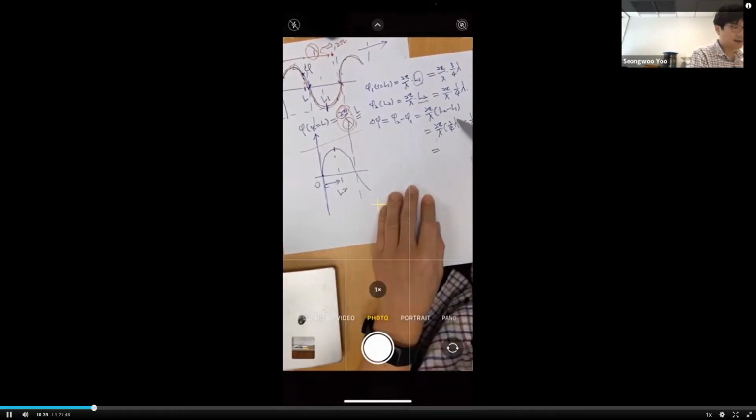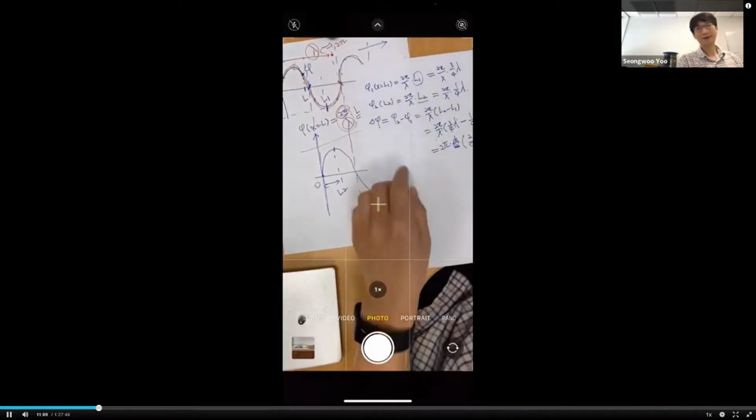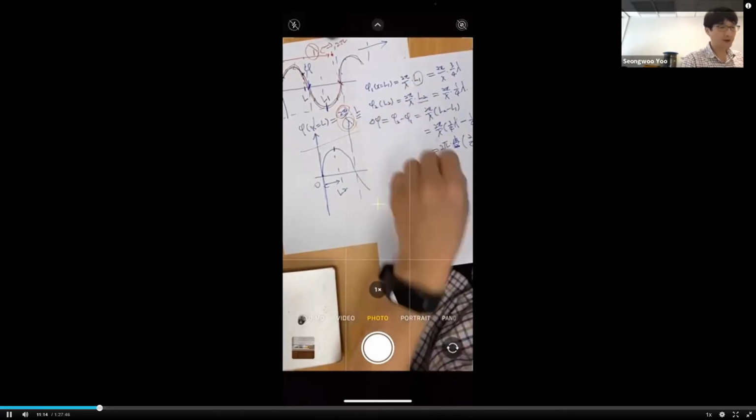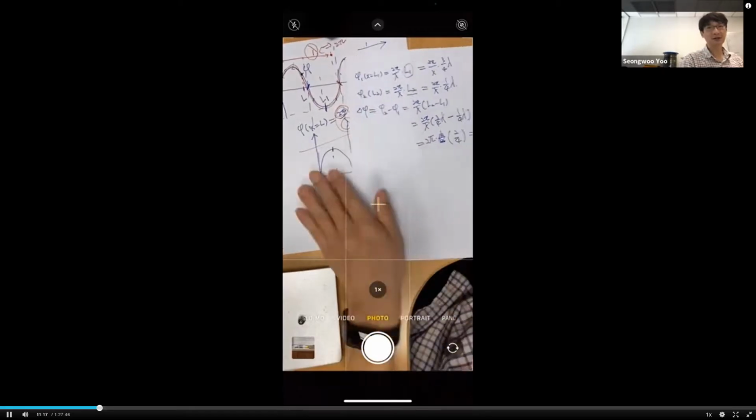Now you see the lambda goes away, and then we will have 2 pi times 2 over 4, then this becomes pi. So now we see that the phase difference of those two waves at those points becomes pi.